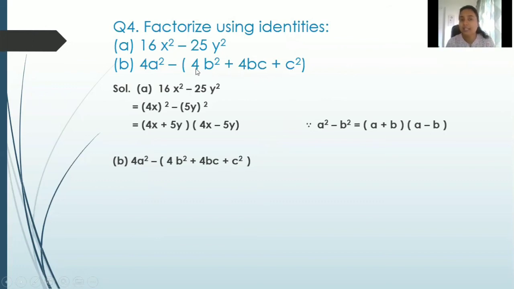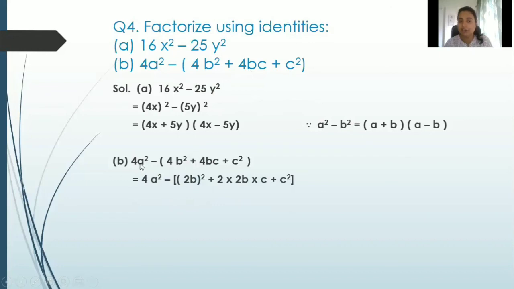Can you see that the first term is a perfect square, a square of something, and it can also be written in the 2ab form? So this can be like the first identity, a square plus 2ab plus b square. So this we have to make identical to the first identity. See how it is going to be done.